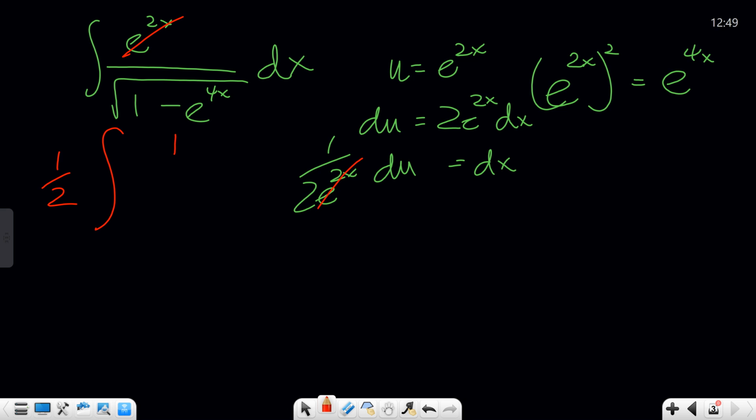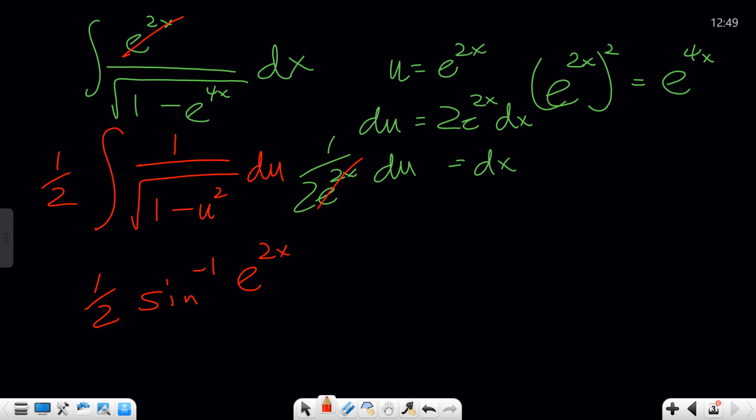And this becomes 1 over the square root of 1 minus u squared du, which fits perfectly with the first formula. And at some point you're going to know that formula off the top of your head, but right now it would be the inverse sine of u over a, which is 1, plus c because it's an indefinite integral.